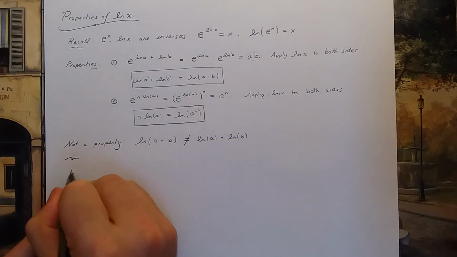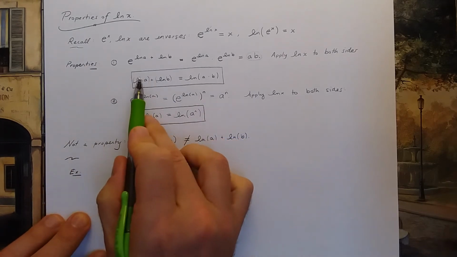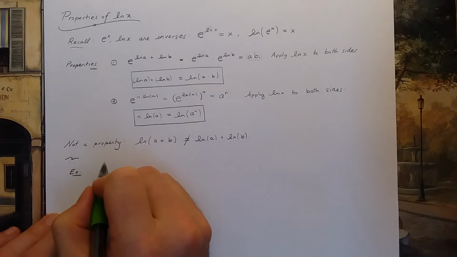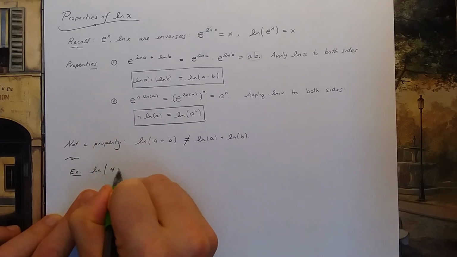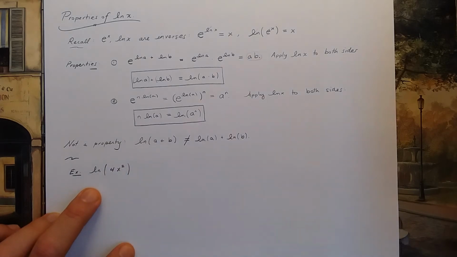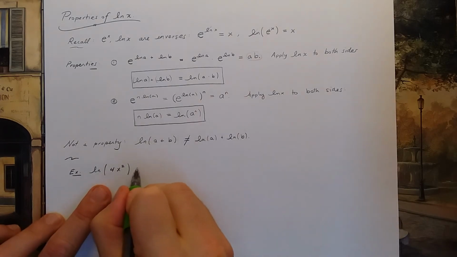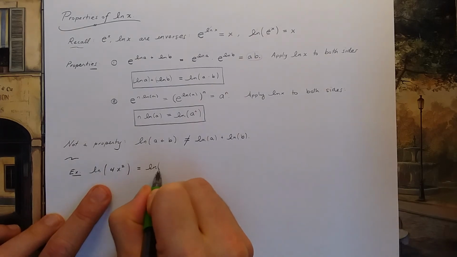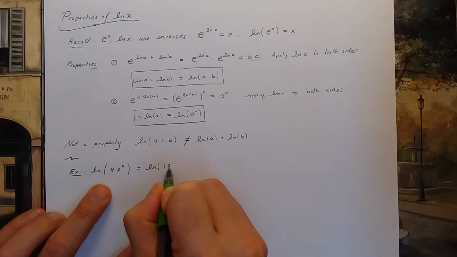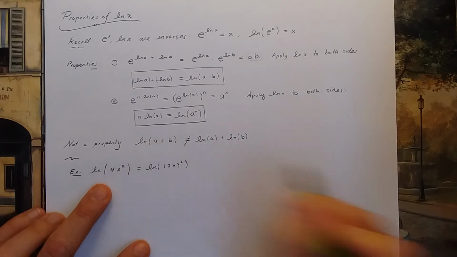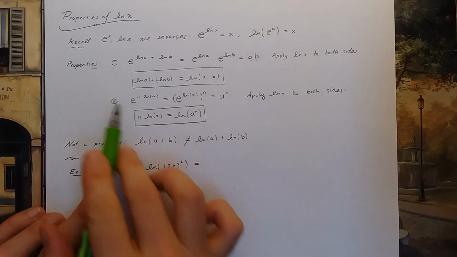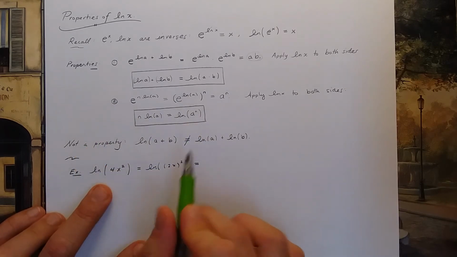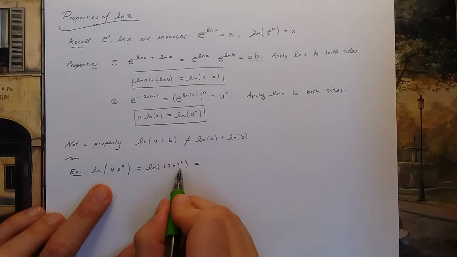Let's do some examples using properties 1 and 2. So let's say I had natural log of 4x squared. How does this simplify? Well, I could write this as log of 2x squared. Now I'll use property 2 with n equal to 2 and a equal to 2x.